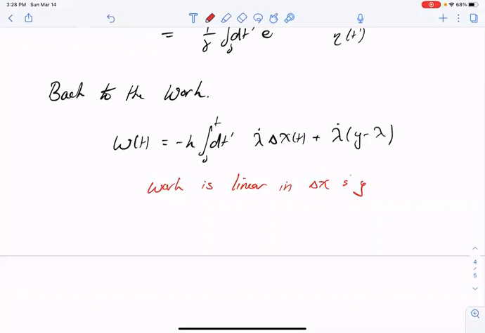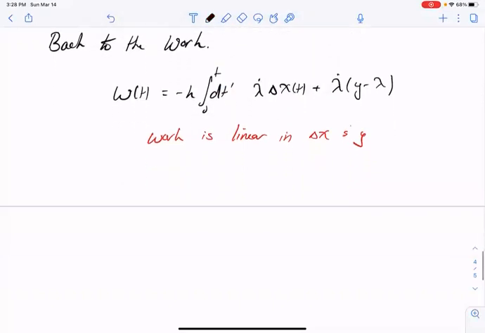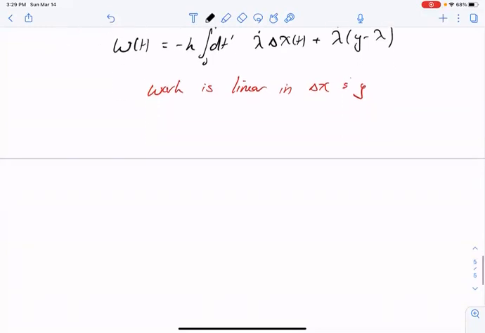The work is a sum of Gaussian random variables. A sum of Gaussian random variables is itself a Gaussian random variable. That simplifies things dramatically. In order to compute the probability of a given work value, acknowledging that W is a Gaussian random variable, we need only compute two quantities, the mean value of the work and its variance, to uniquely specify that probability distribution.